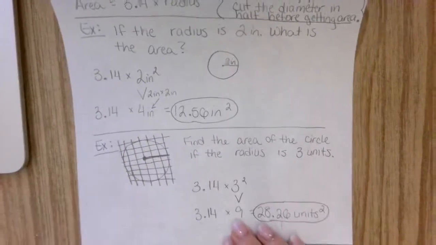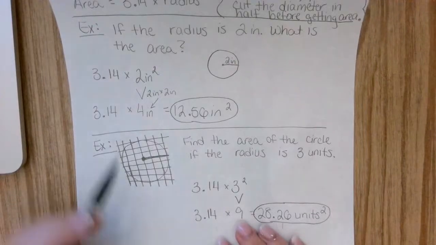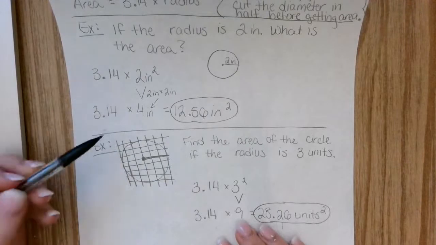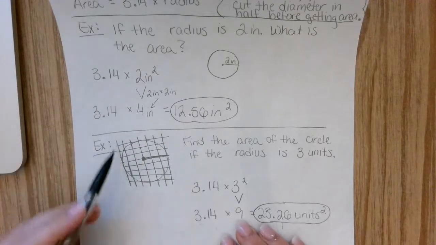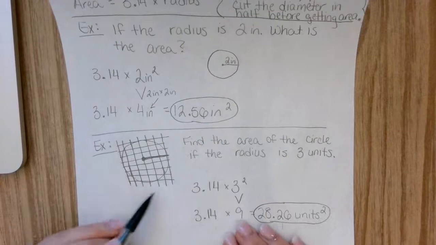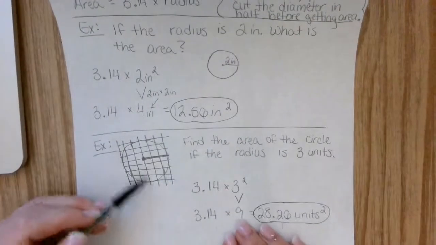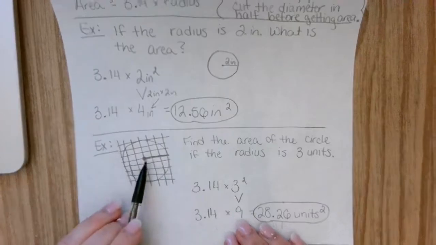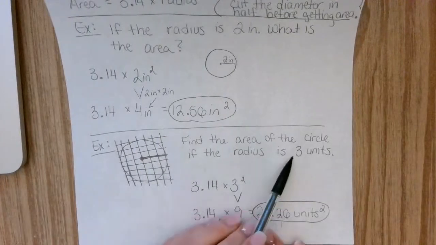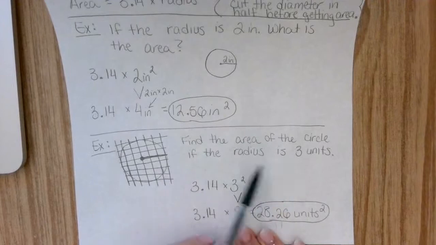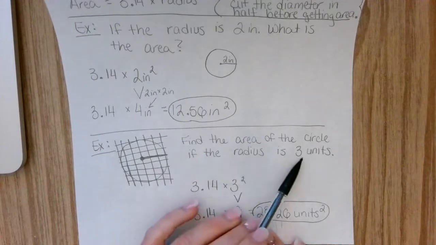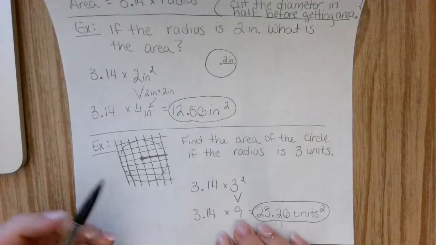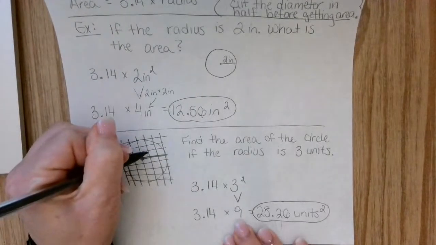Now, you may see another example that looks similar to this. It'll have a picture drawn, and of course, mine is very crooked and not to scale. But it'll have a circle drawn in the midst of all these boxes, and it'll tell you to get the area. Right here, this is how I find out how many units the radius is. This particular problem actually tells me that it's 3 units, but I want you to watch where those 3 units are.